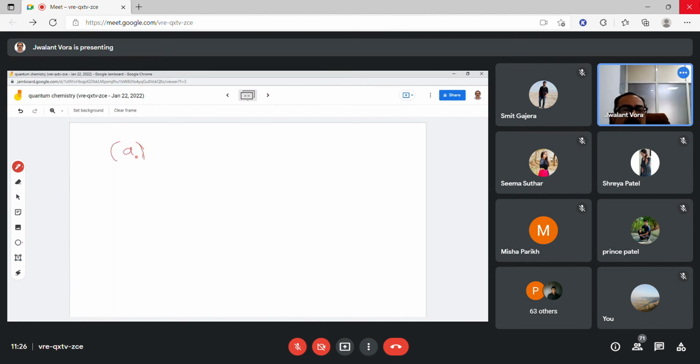A into B is equal to C into D, so I am rearranging this.